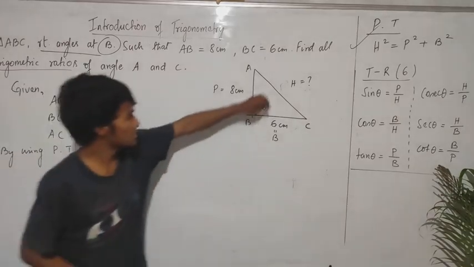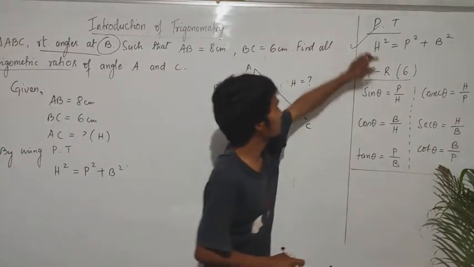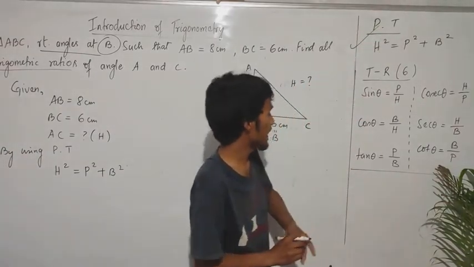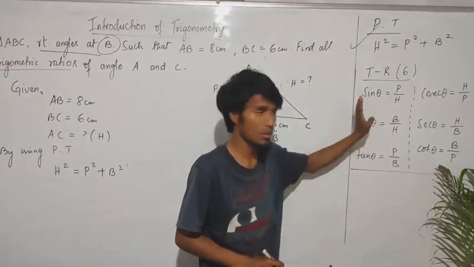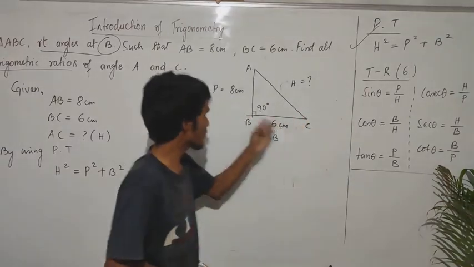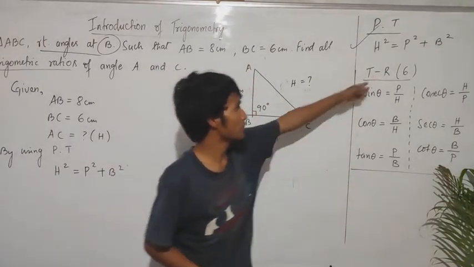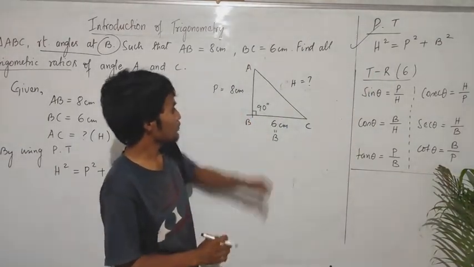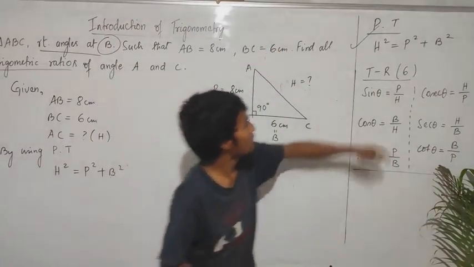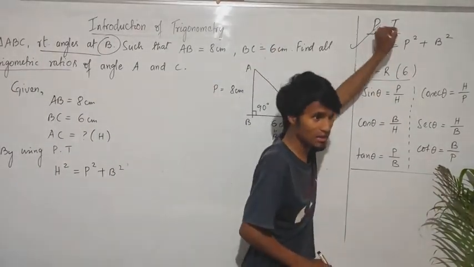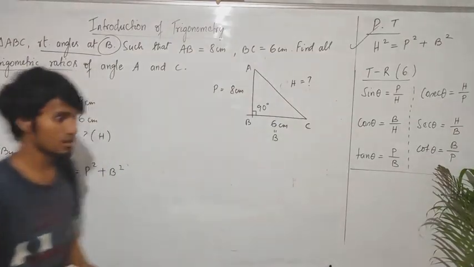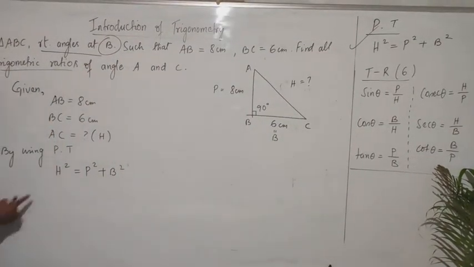Look, if this side is also given, then we don't need to use this formula anymore. If all the sides are given, we directly find the ratios. But here one side is not given, that's why we first use Pythagoras to get that missing side.